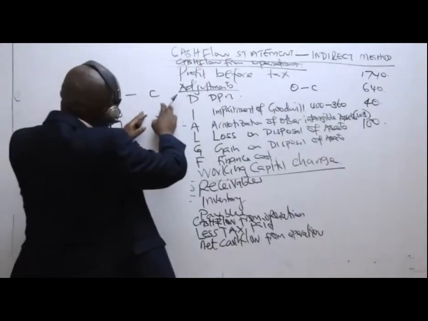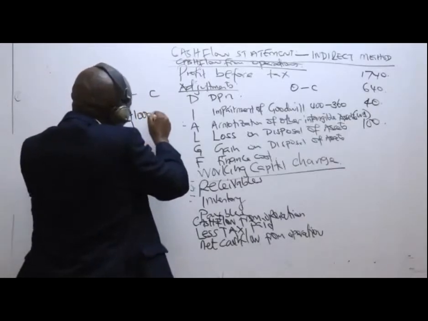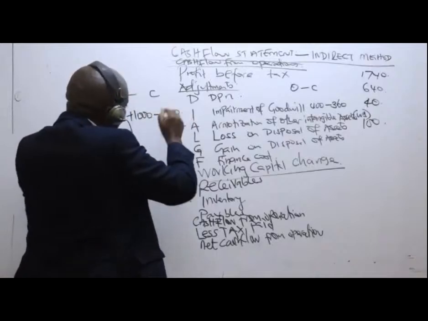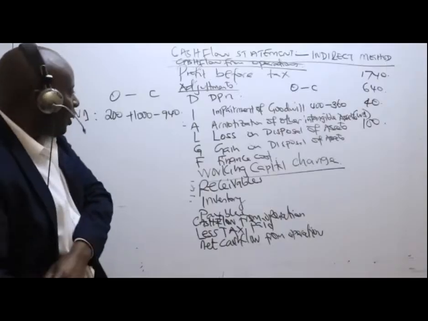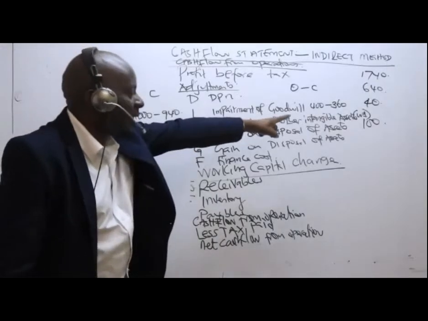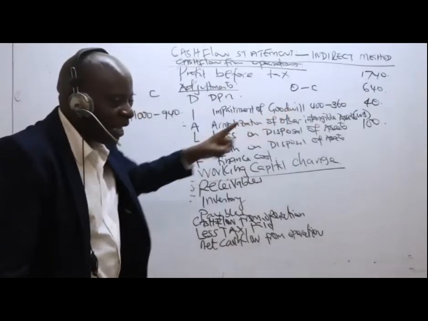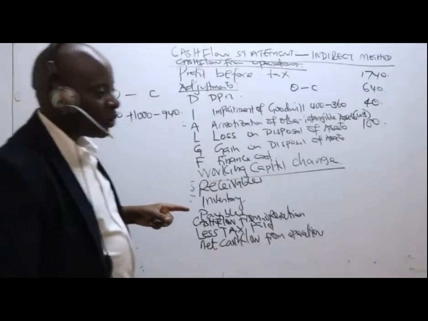But before we go to closing, there was an acquisition in between. So plus 1,000 minus closing, which gives me 940. Can somebody give me this amortized other intangible assets figure? Right, Valerie gives me a figure of 260.